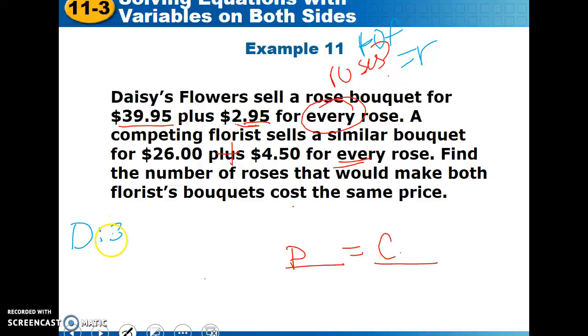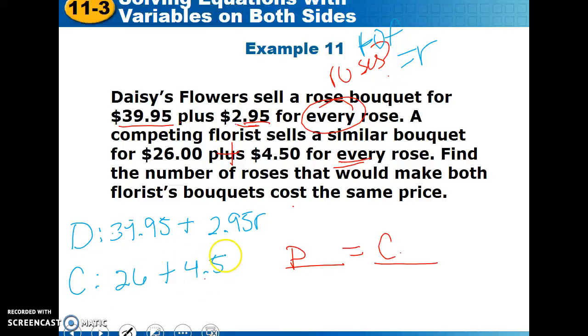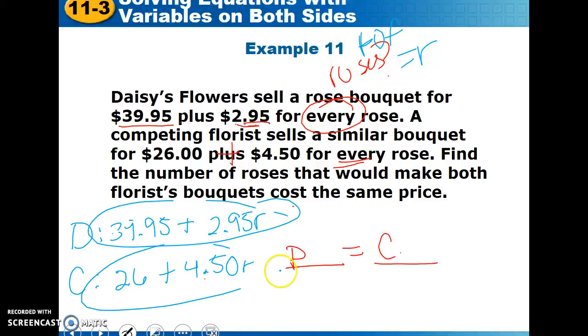So Daisy's expression would be $39.95 plus the $2.95 for every rose. And then the competing florist, they sell $26 plus $4.50 for every rose. So again, we want to find a number that would make both of these expressions equivalent.